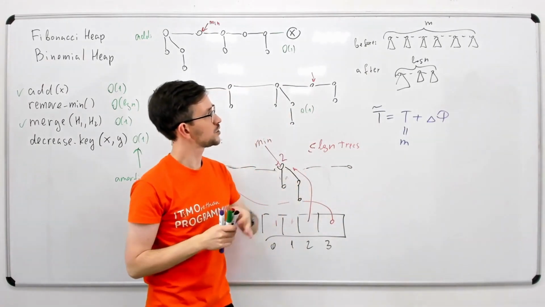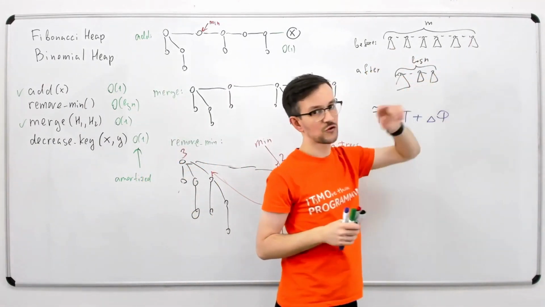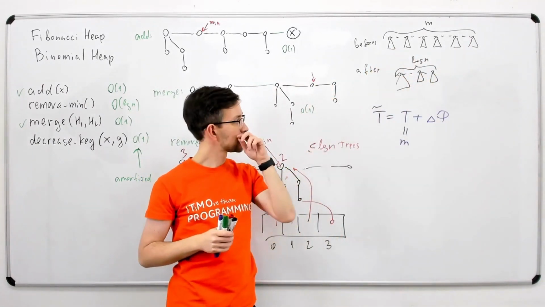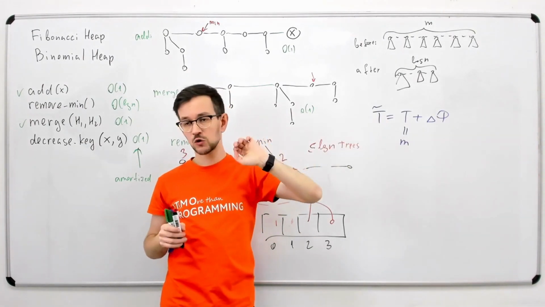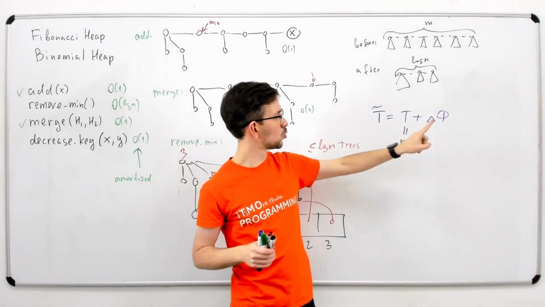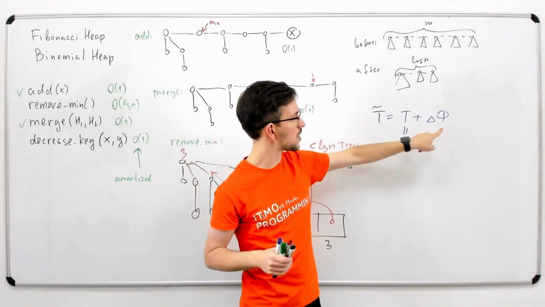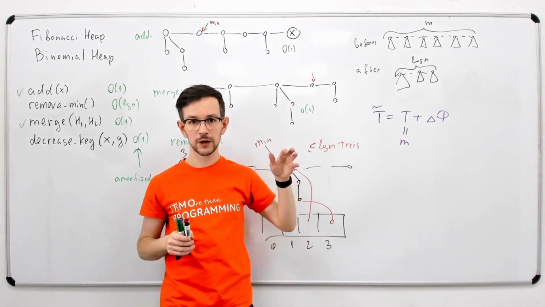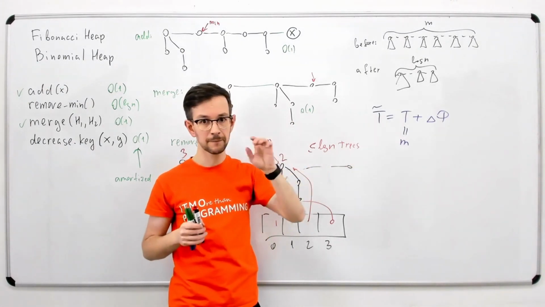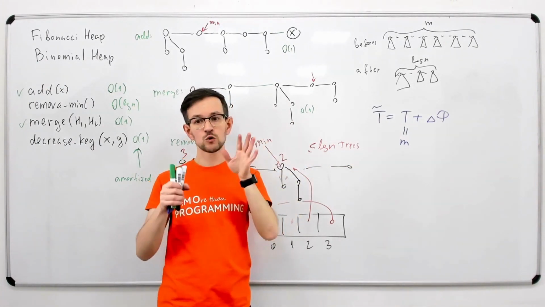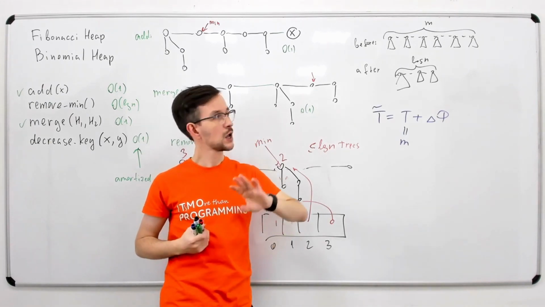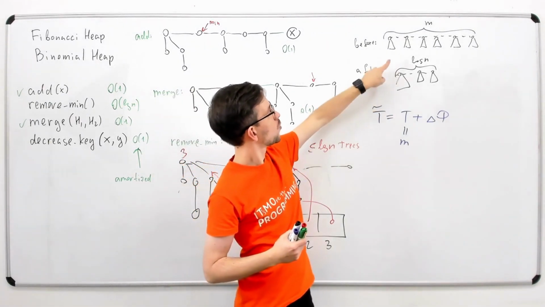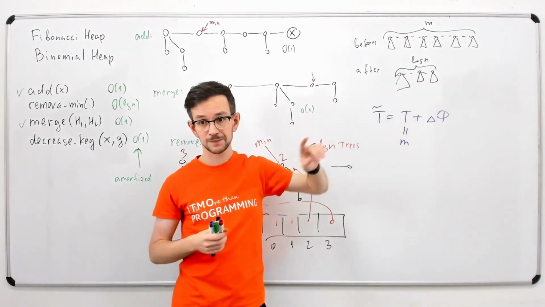We just need to iterate over all trees in our Fibonacci heap. So if we want this amortized cost to be log n, we need a potential function whose change is about minus m, just to compensate this m. So we need to choose the potential function in such a way that it decreases when we go from this state to this state.